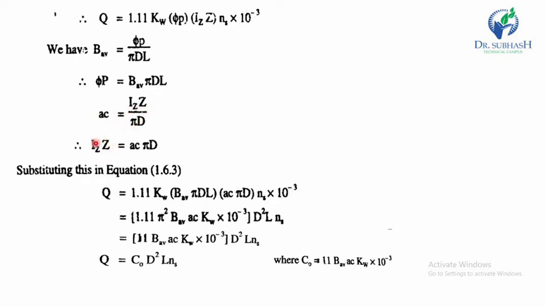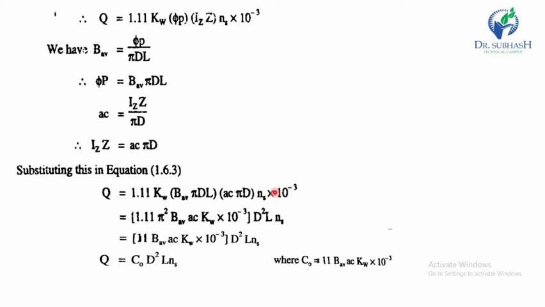So IZ into Z is equal to AC into phi d. Now put these values in the above output equation. So we put the value of P phi and IZ into Z. So Q is equal to 1.11 kW into BAV into phi dl AC phi d NS into 10⁻³.